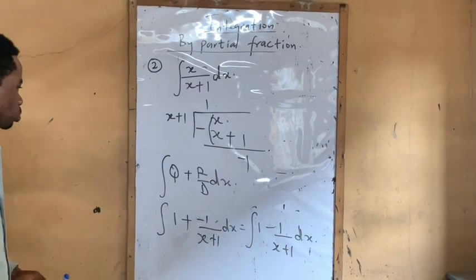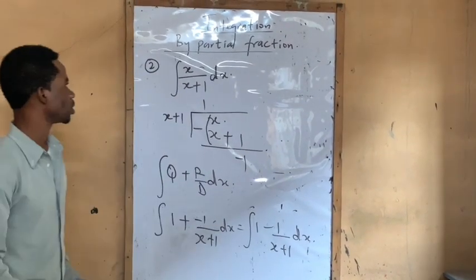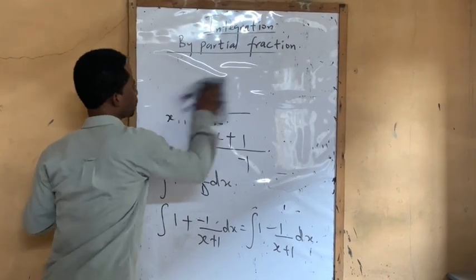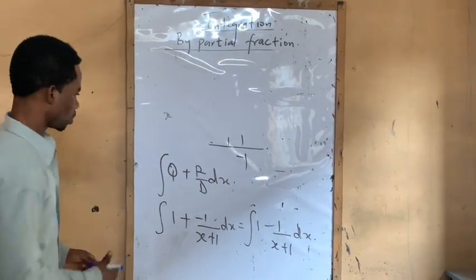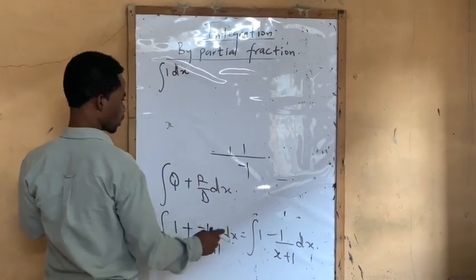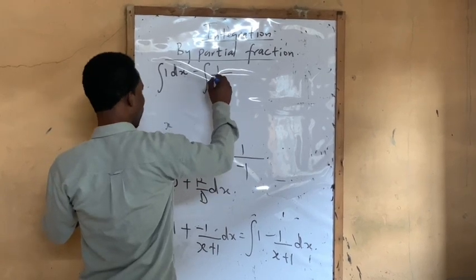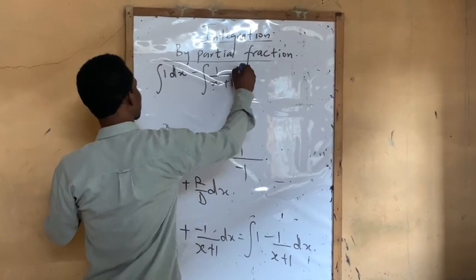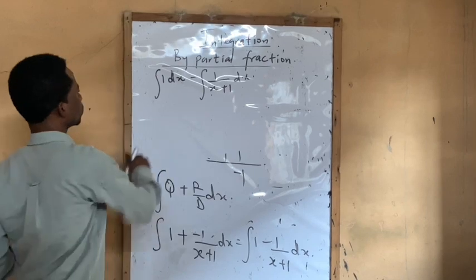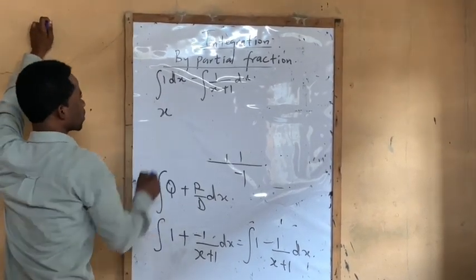So I am going to integrate this and this. That means integration of 1 dx minus integral of 1 all over x plus 1 dx. So what is integration of 1? That is x.